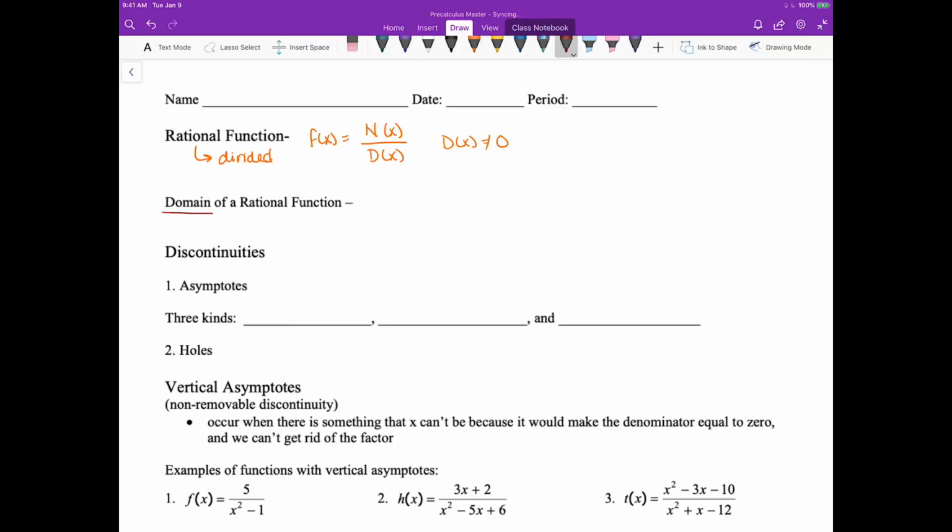So the domain is restricted by the x values that make the denominator 0.